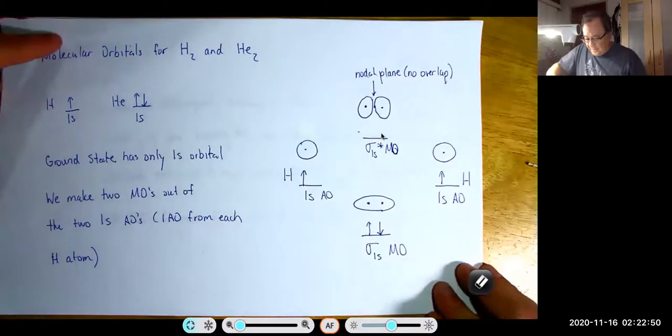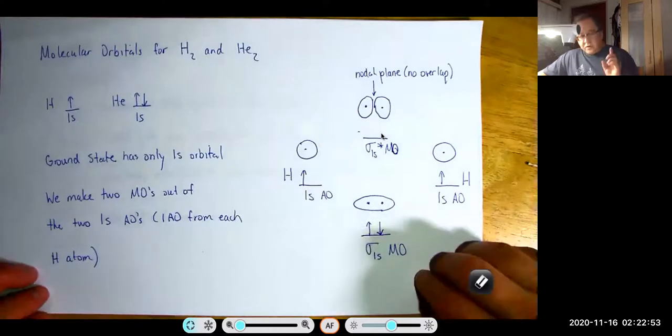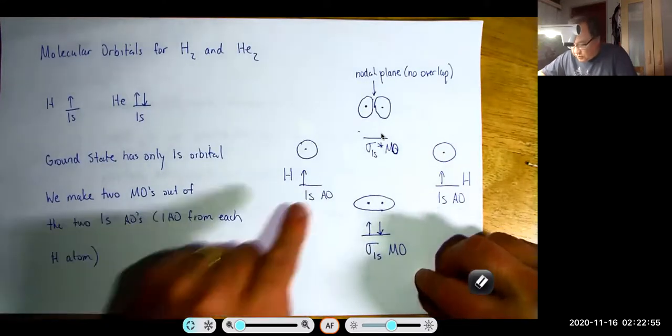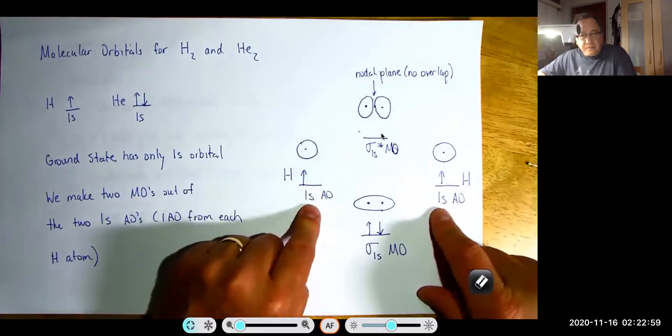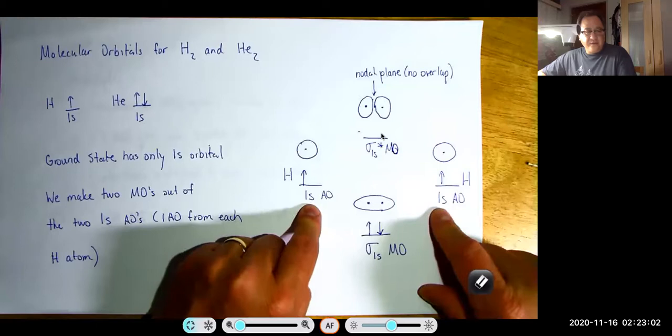Now, the other thing you want to notice is that we like to mix orbitals of the same energy. I'm mixing a 1s with a 1s, not a 1s with a 2s.